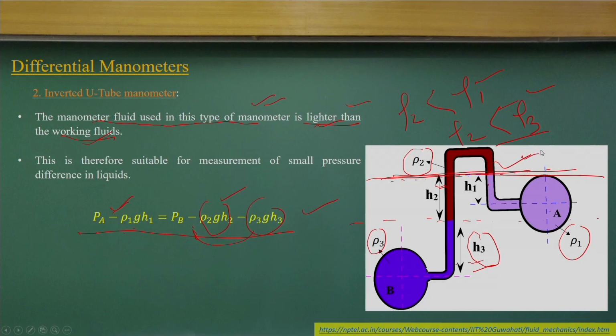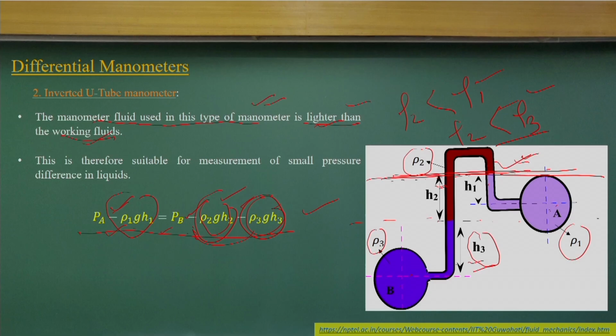You can solve the problems either way, but you should know which choice gives a simplified case. In the case of an inverted U-tube manometer, we use the same equations, only these negative terms come in, because the manometric fluid is lighter than the working fluid.